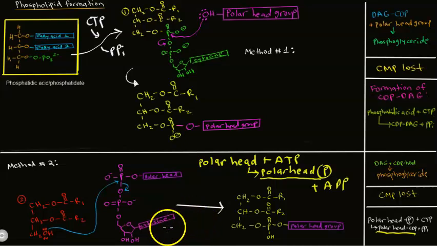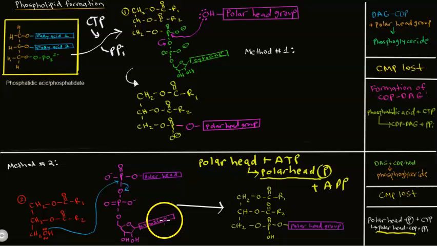But in both of these methods, we require a CTP molecule to form our starting product, whether it's the DAG-CDP or the CDP head group. We need a CTP molecule, a cytidine triphosphate, in order to create our starting product that we're going to then react with something else to form our glycerophospholipid.